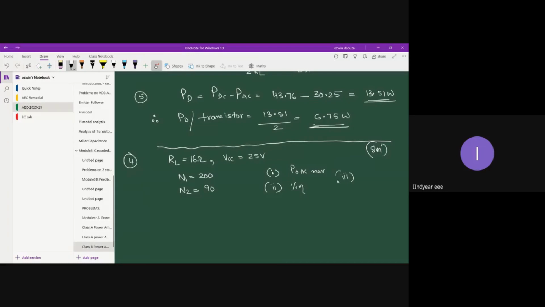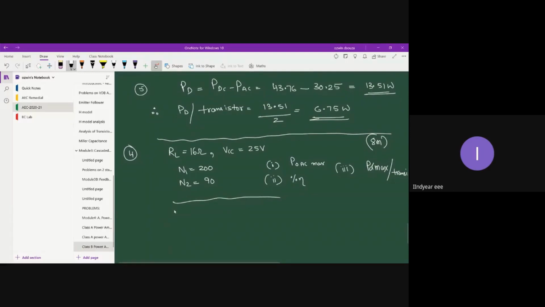And maximum power dissipation per transistor. So in short, let me write it as PD max per transistor. Okay. So this is the problem.